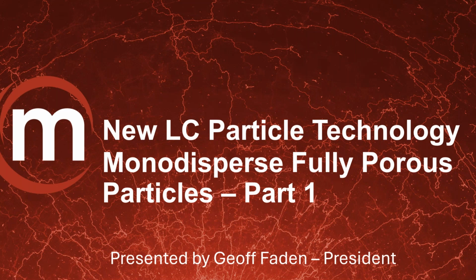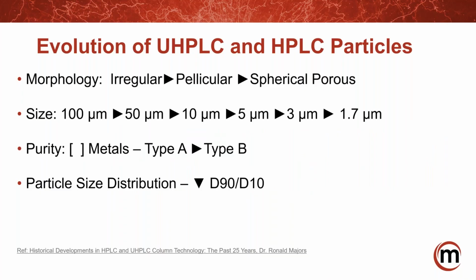Let me move to the next screen. There we go, a little bit of a lag. Okay, so basically, I wanted to talk about the evolution of UHPLC and HPLC particles. When you think about HPLC, there are different things that have evolved since the advent of the first porous particle.